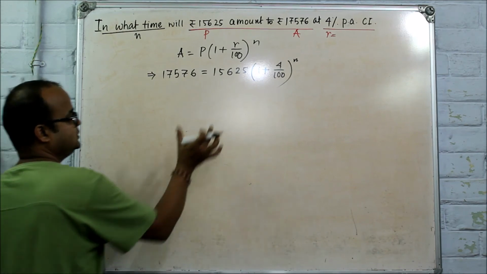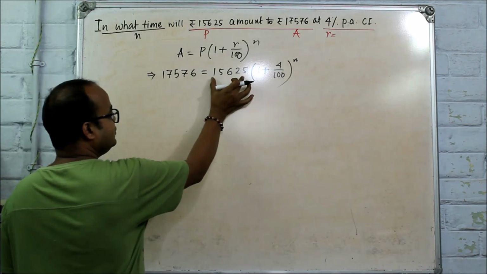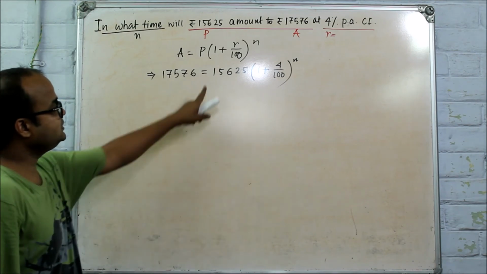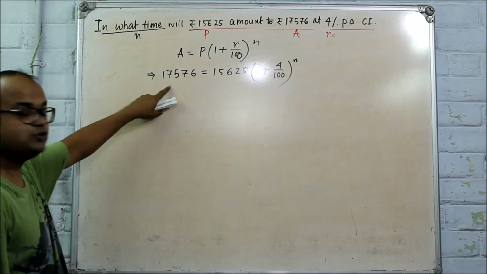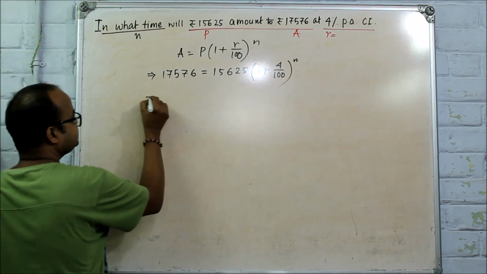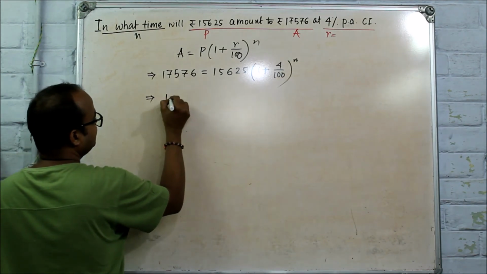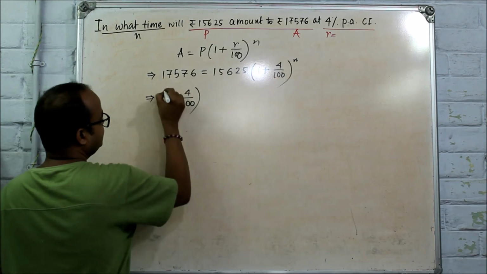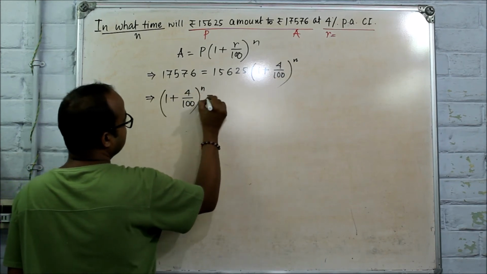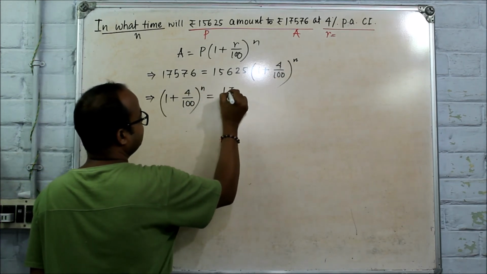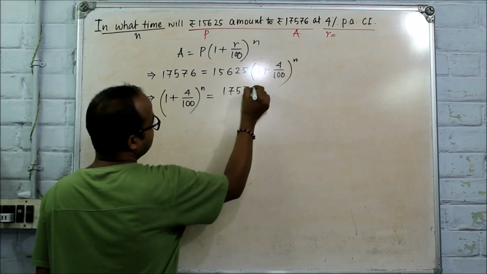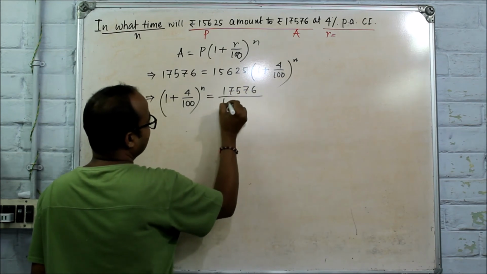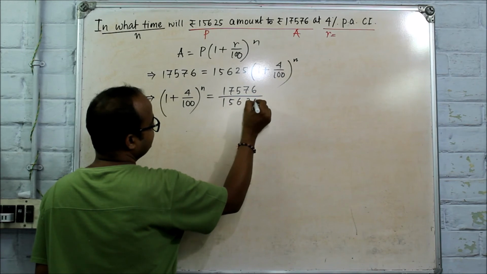So first we'll bring 15,625 in the denominator. (1 + 4/100)^n is equal to 17576 by 15625.